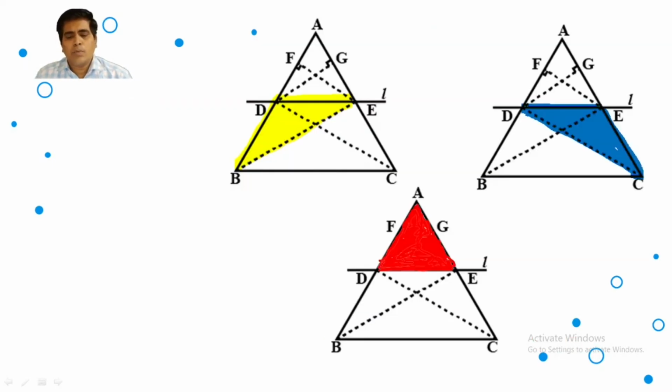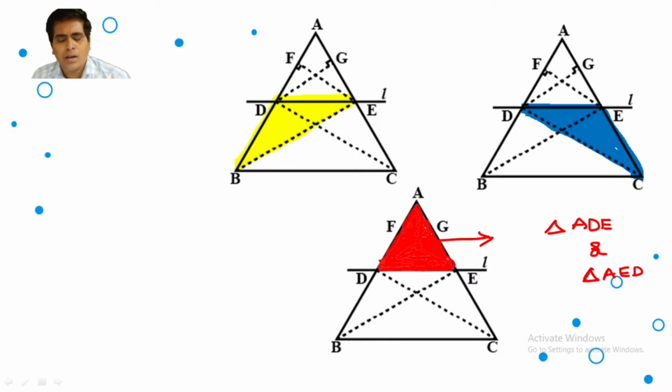Let us discuss this triangle, this upper triangle. I can name it as triangle ADE or triangle AED. I have changed the name of the triangle, but the two names represent the same triangle.